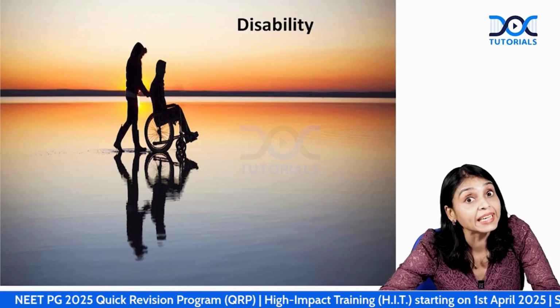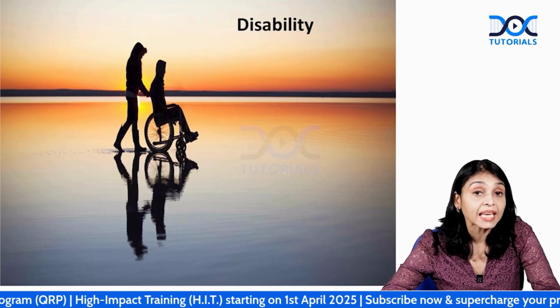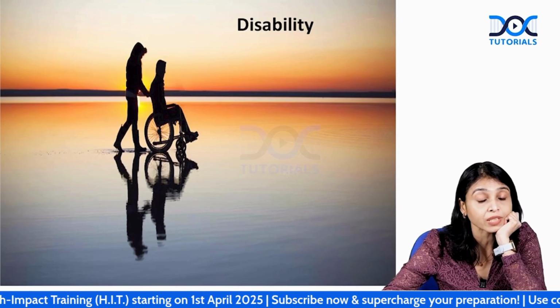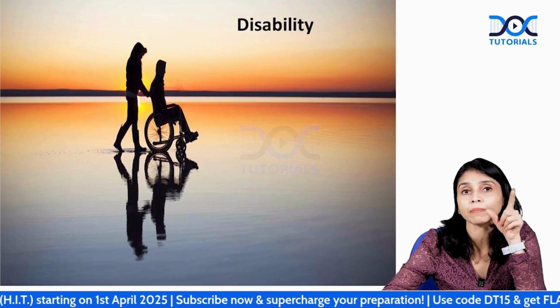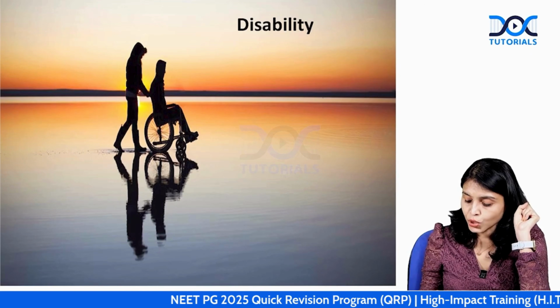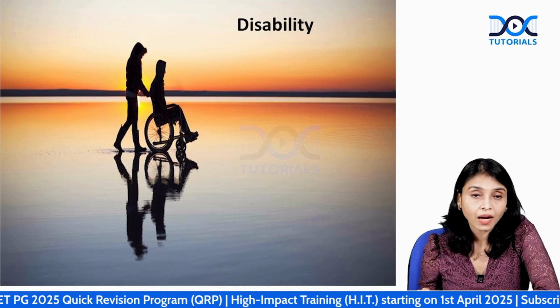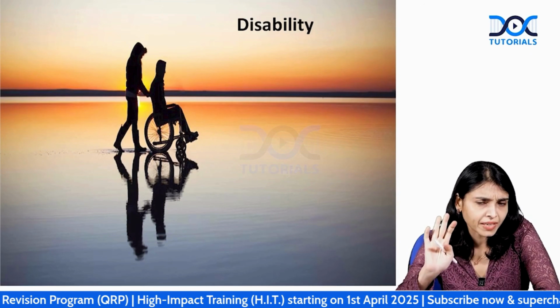Further, disability rates. Okay, disability means inability to perform a routine function which is normal for a person's age and sex. So, let's see what are the disability rates. There are mainly 4 disability rates.